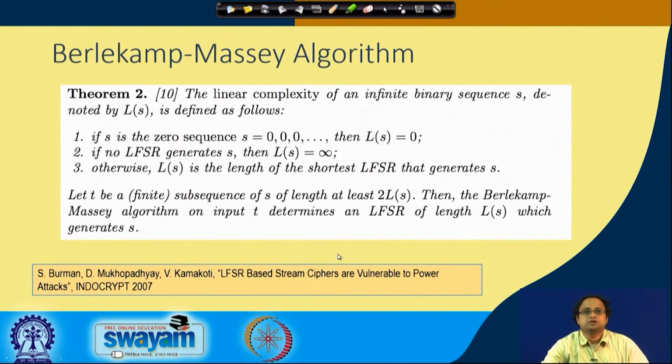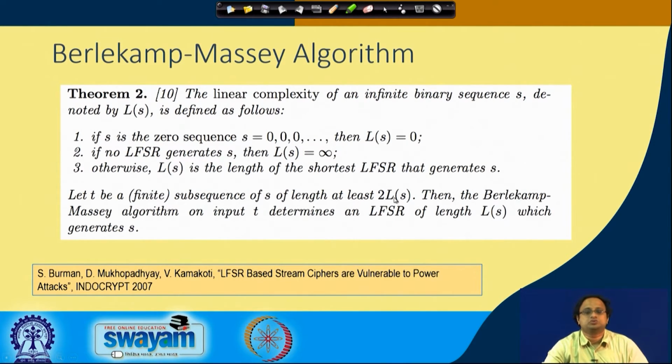So the idea is that if T is a finite subsequence of S of length at least 2 LS, then the Berlekamp-Massey algorithm, on input of this subsequence, can completely generate the LFSR of length LS, which can be used to generate S.